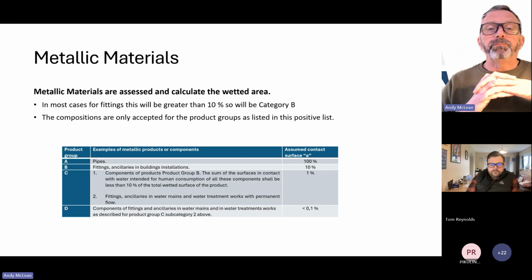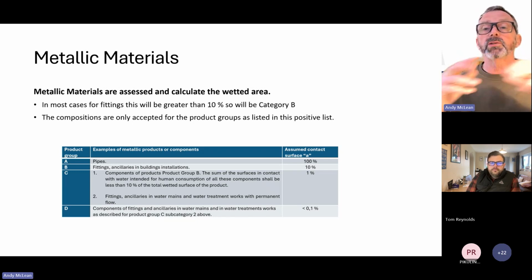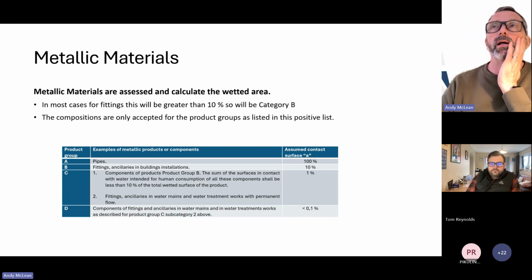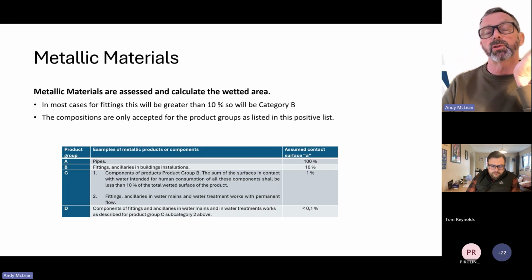Essentially what we're looking at is all these materials, if they're on the list, they must conform to what is on the positive list. If you're not on the positive list, you would need to get your product approval or your material added to the list.